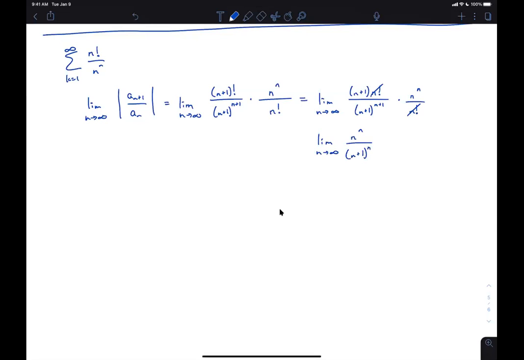Oh no, I'm sorry, it's not. Okay, so this is then the limit as n goes to infinity of n over n+1, to the n. Does that make sense to everybody? Everybody good?